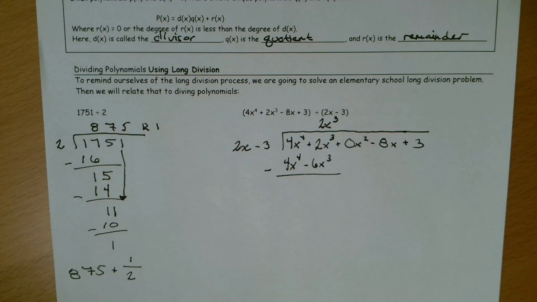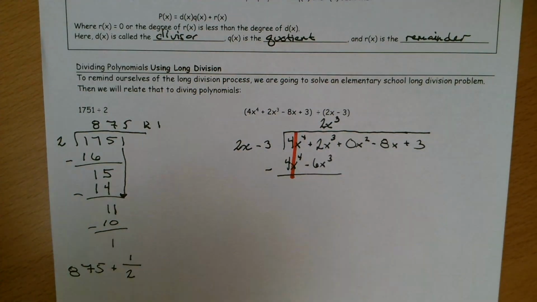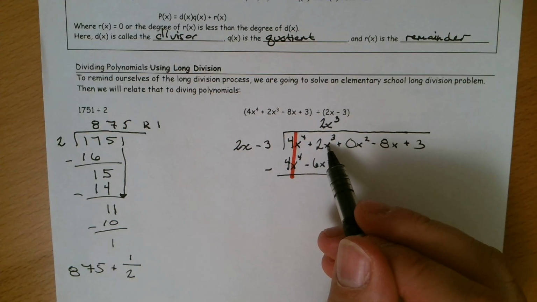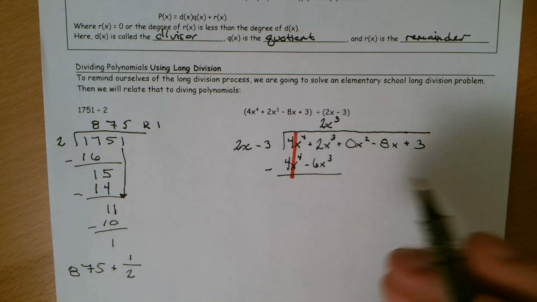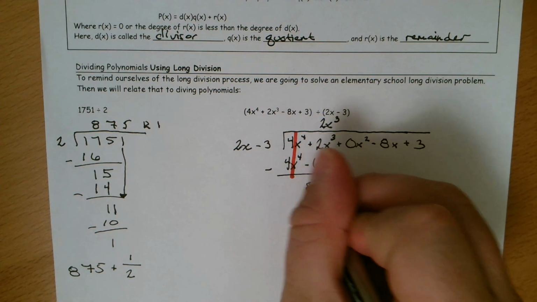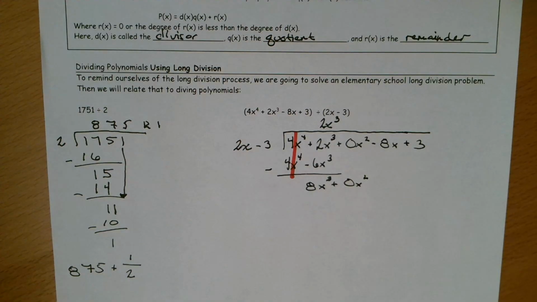If you do things properly, when you subtract, you should mow the yard. That row should disappear. It's like cutting the grass. Now 2x cubed minus negative 6x cubed is like adding. The most common mistake people make is here: it's 8x cubed. And then let's bring down our next term.